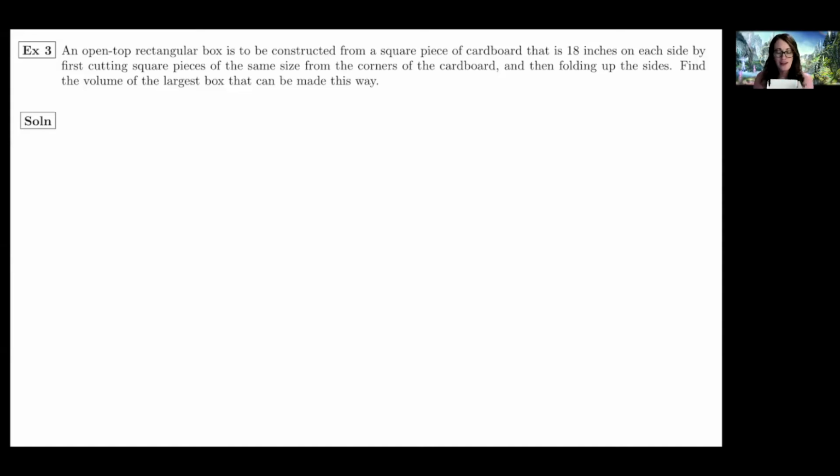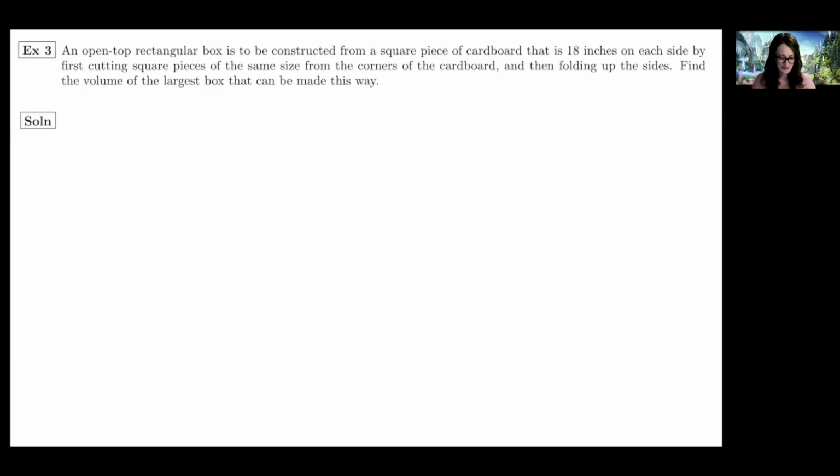And we want to know, without wasting a bunch of paper, what size of the squares we should take out in order to maximize the volume of this box. So the thing that is changing here is the size of the squares that we cut out of each of the corners.